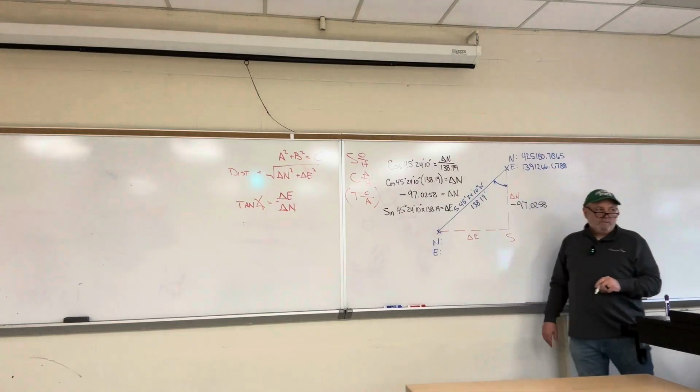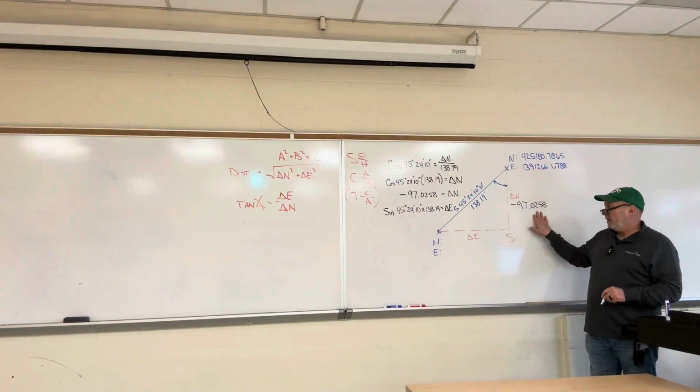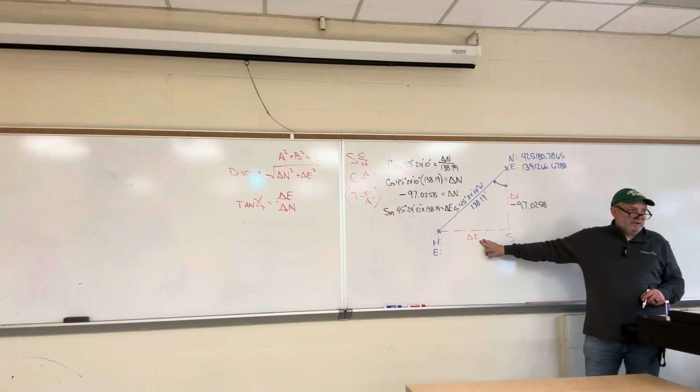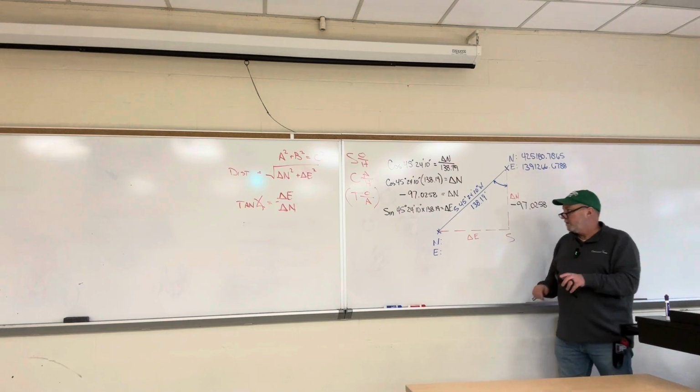Or we could do the Pythagorean theorem. Take this squared, take that squared, and subtract. This will give you the squared, take the square root of that, and it gives you your easting. So we got options.